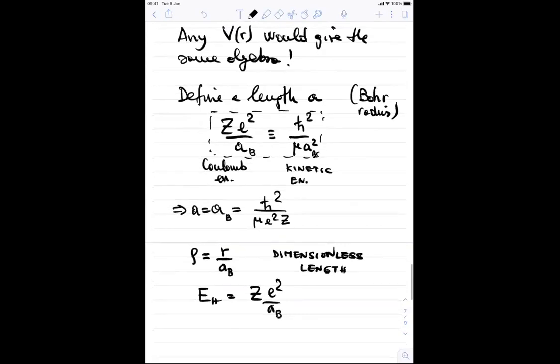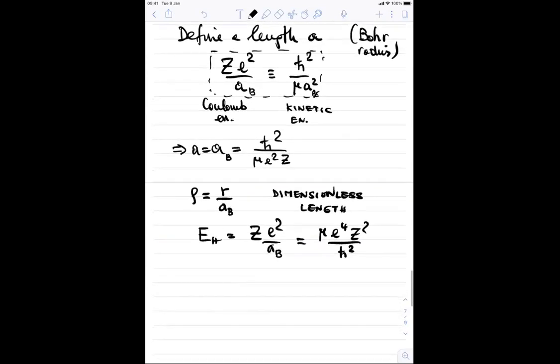So if you calculate Z e squared over the Bohr radius, you find mu e to the fourth Z square divided by h bar square. This quantity is called the Hartree. And this numerical value is, for Z equal 1, 27.2 electron volts.